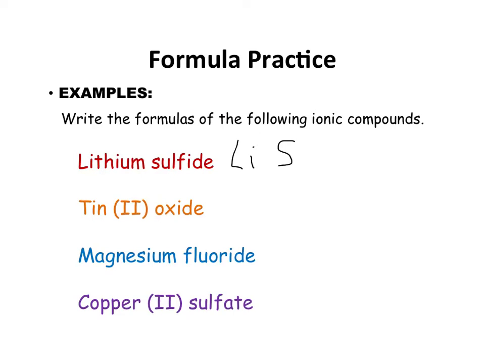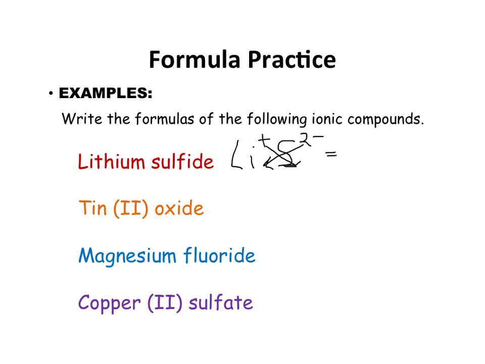So we wrote the symbols. Now we do the charges. Lithium is a 1+ charge. It's in the column that has a 1+ charge on the periodic table. Sulfur is in the 2 minus column. So I wrote my symbols, did my charges, and now I crisscross. Remember, you don't bring the plus and the minus, just the numbers, and if it's a 1, you don't write it in the formula.